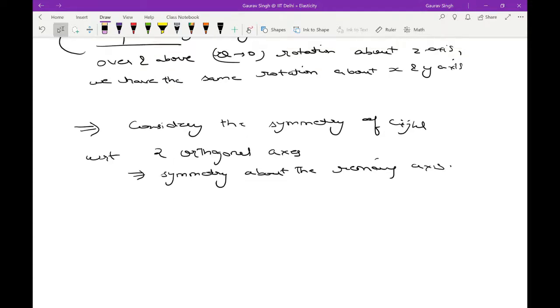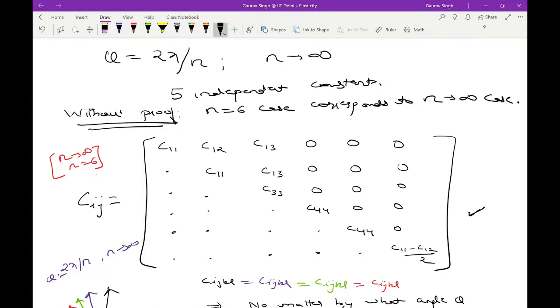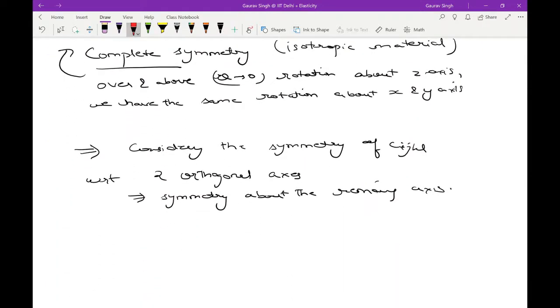So you start with this Cij which you have got over here, and then do a rotation about, say, the y-axis in n equal to 2, y-axis in n equal to 4, and then y-axis in n tending to infinity, and then you would be able to reduce this further. So you should verify this.